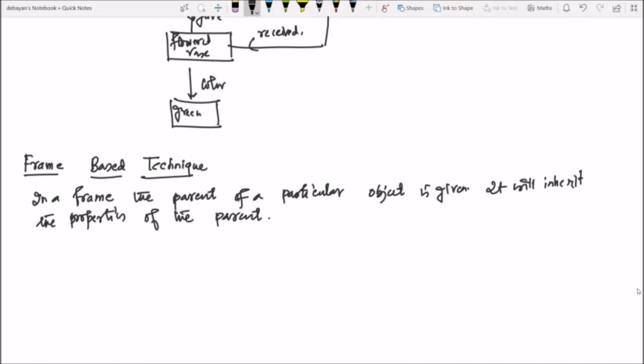So in a frame the values are given in the slot. Just remember these.